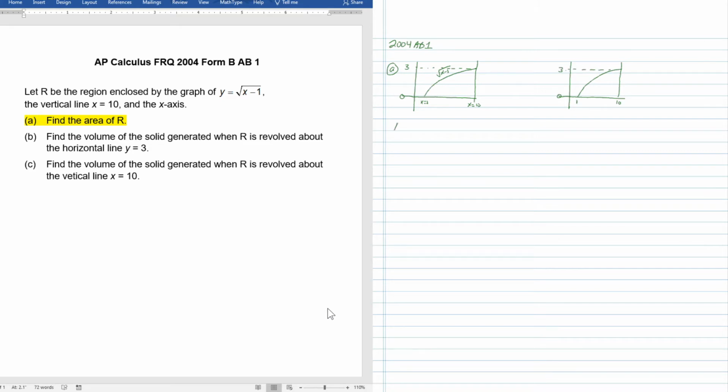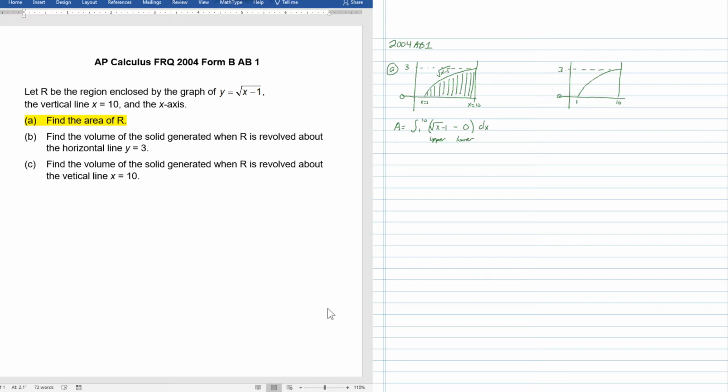Therefore, the area as a dx problem would, because you're making strips starting at 1 and stacking infinitesimally thin strips up to 10, your upper equation is radical x minus 1, which then you would subtract by 0, which is your lower, and it'd be dx.